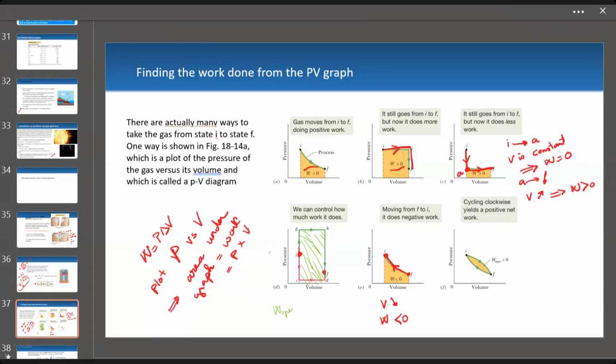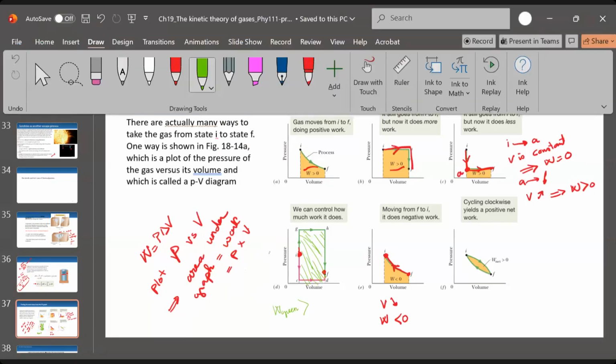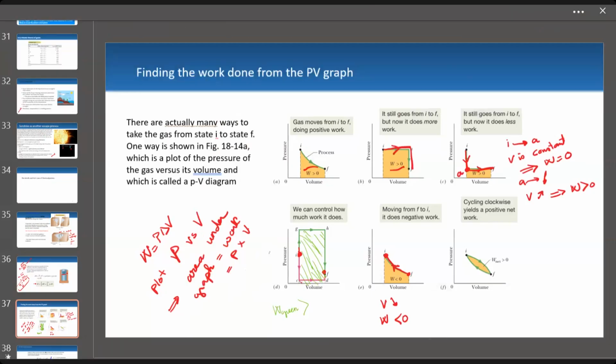W green is going to be greater than the work done by the pink process. It's just this, because like I told you, it's the area under the graph. So W green is greater than W red. Although the gas starts and ends at the same states, the work done is different.